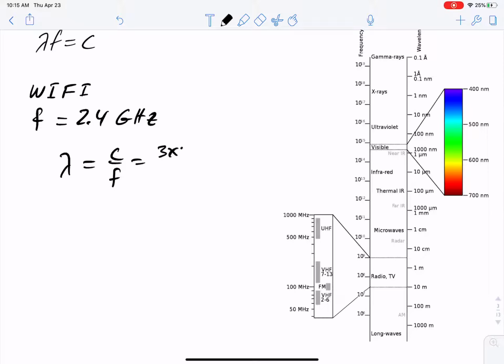So we have 3... Okay, so your Wi-Fi router is making waves with a wavelength of roughly 12 centimeters.